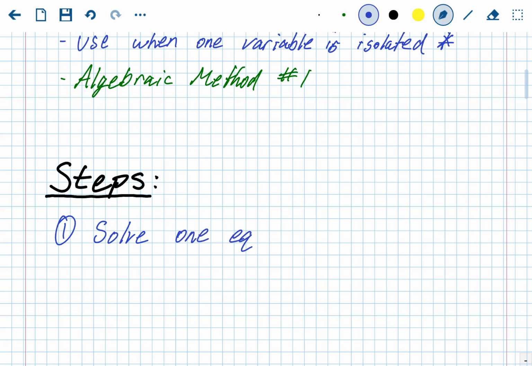Alright, so what does that mean? It means you need to see one of your equations, because remember our system has a top equation and a bottom equation. You need to see one of your equations be in the form x equals or y equals, depending on which variable you pick.